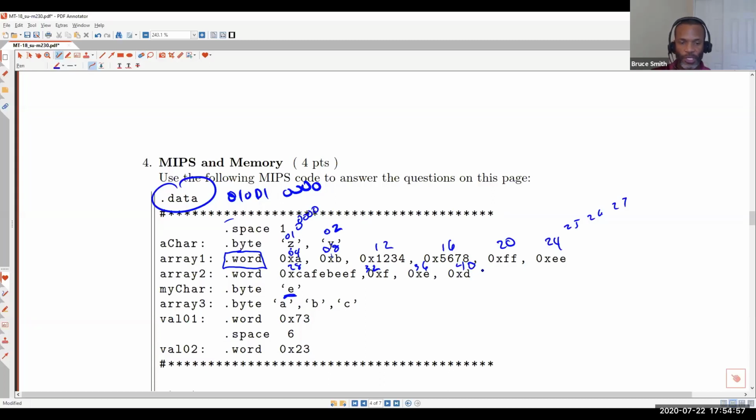So he's at 40, and he occupies 40 and 41 and 42 and 43. The next byte, which can go anywhere, happens to be 44. And then these 3 occupy 45, 46, and 47.